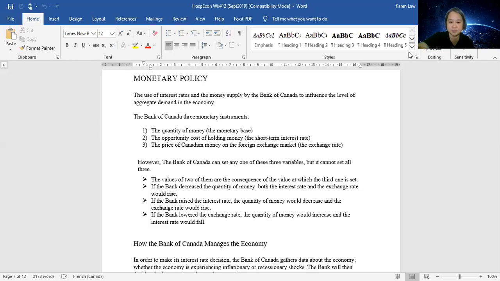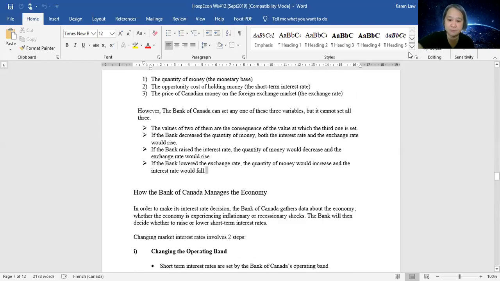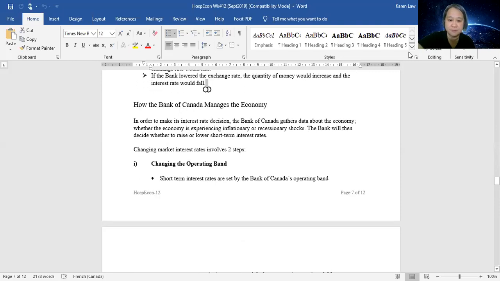Okay. So this page, in terms of monetary policy, how the bank can set these three variables, I'm not that focused on it. So I'm going to really kind of start here.